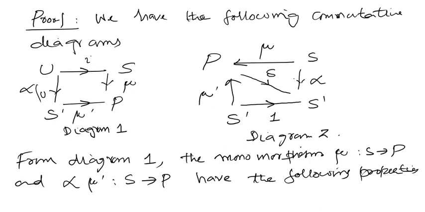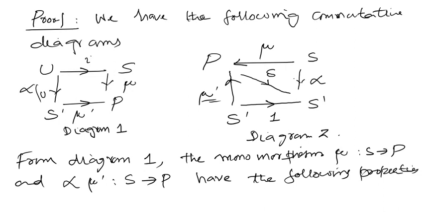You can see from this diagram these two compositions, the composition of mu prime and delta, is equal to the identity map. So S prime means the image of S prime under 1, but 1 is equal to mu prime delta, because the composition of mu prime and delta is the identity map.